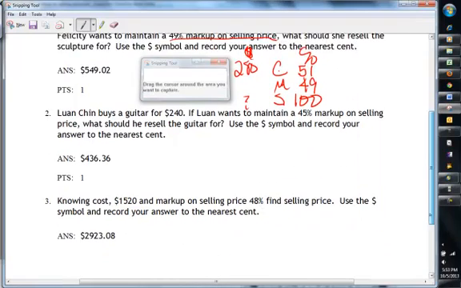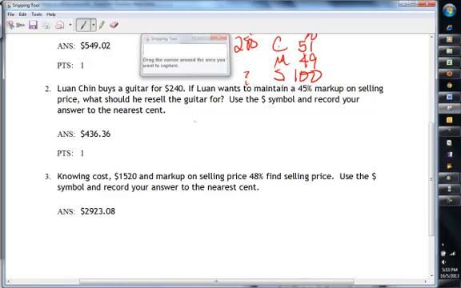Next one. She buys a guitar, so the cost is $240. She wants to maintain a markup of 45% based on selling price. So that would make this 55%. We're looking for what's the selling price.